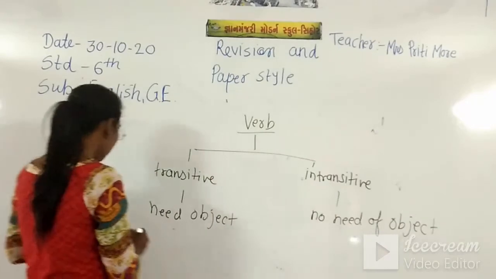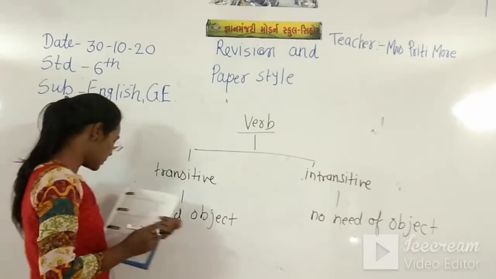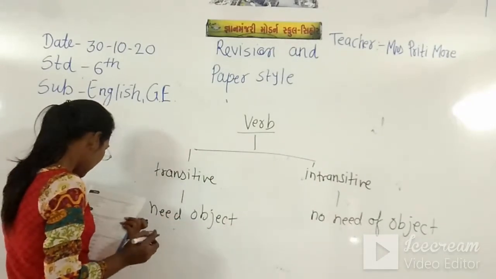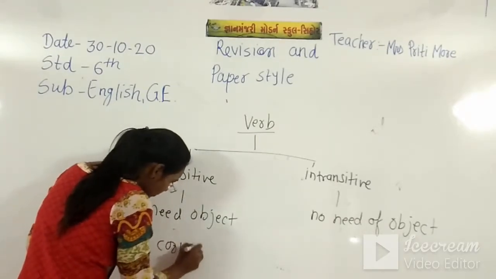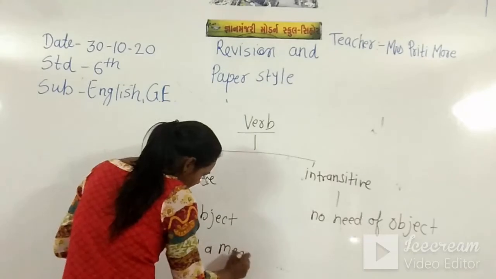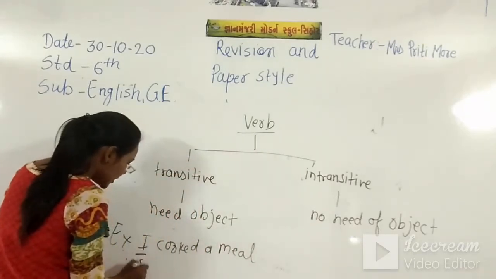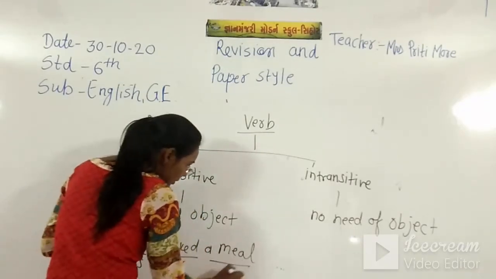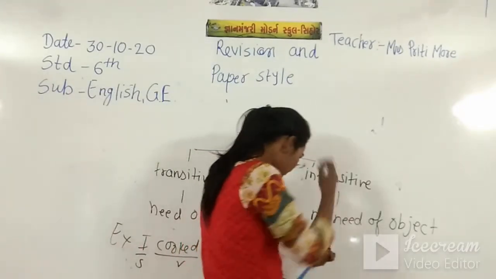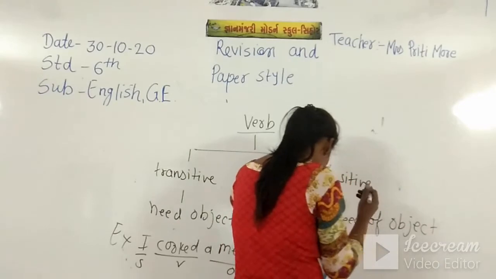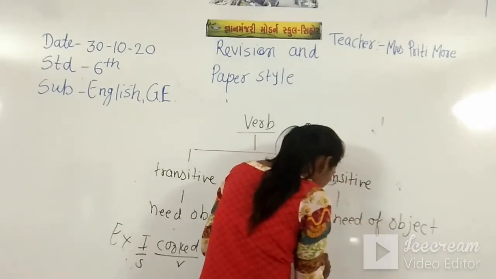For example, I cooked a meal. So here I is subject, cooked is verb, a meal is object. That means this is the transitive verb. Now here, the baby is playing.